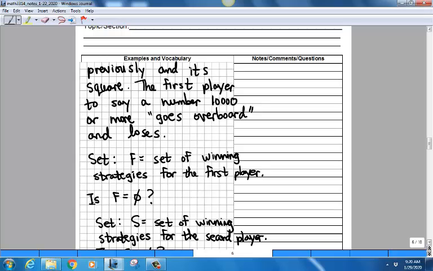I need to check my rules, but it's not hard to find the rules for this game. So you've got to play it.